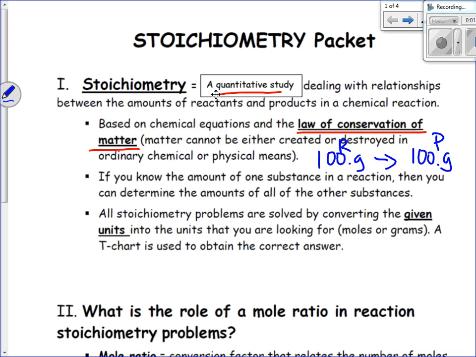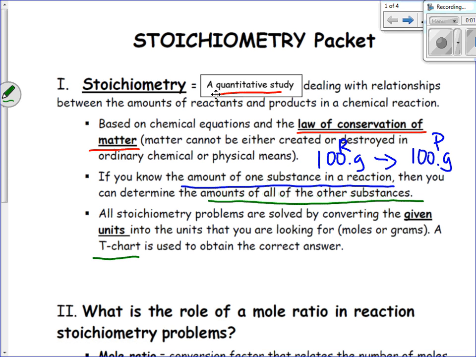Okay? If you know the amount of one substance in a reaction, you can determine the amounts of all the other things in the reaction. All you need is one value, and you can figure out everybody else using math. We're going to use those T-charts in order to figure them out.